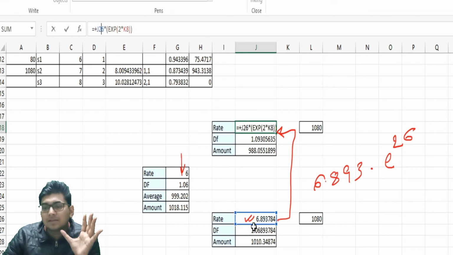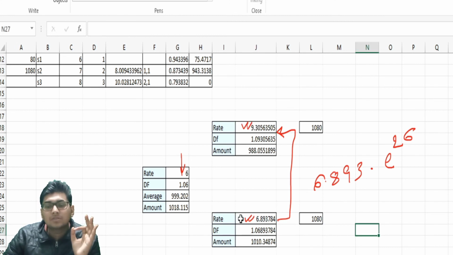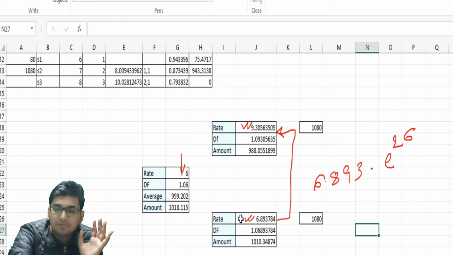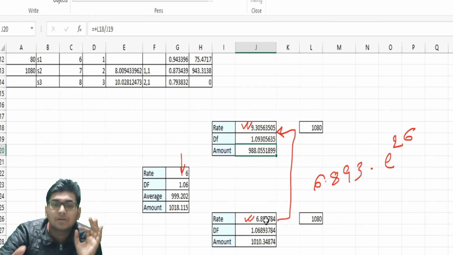Clear? If the rates change, the amount will change automatically. If the amount changes, the average amount will change automatically, and the amount in this box will change automatically. Clear? So now our target from here onward is to calibrate the tree.